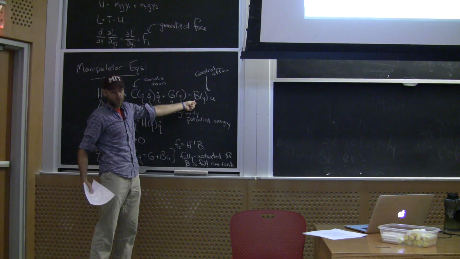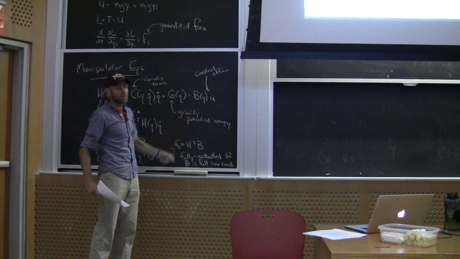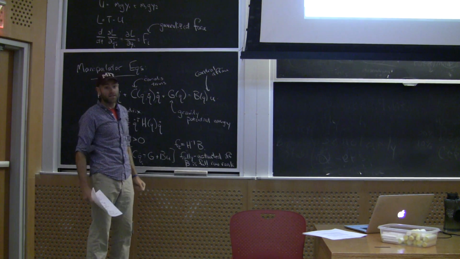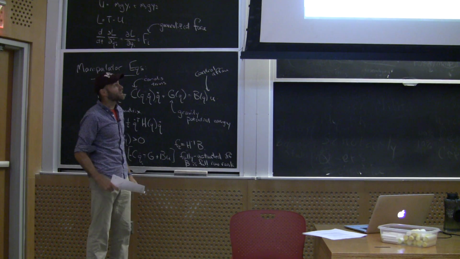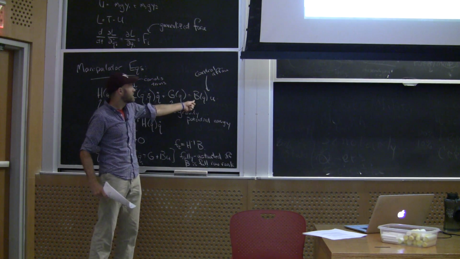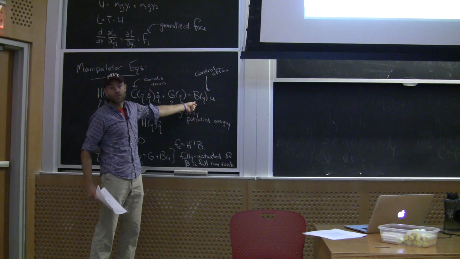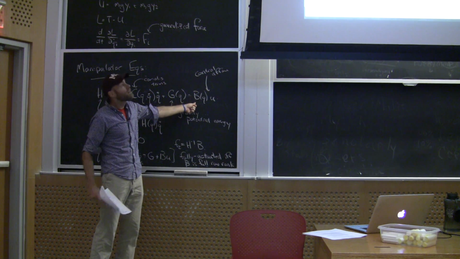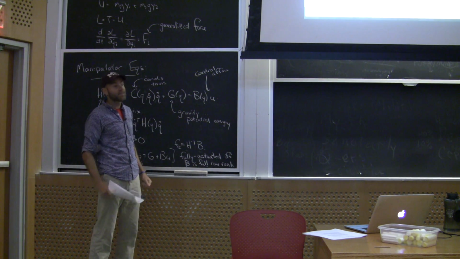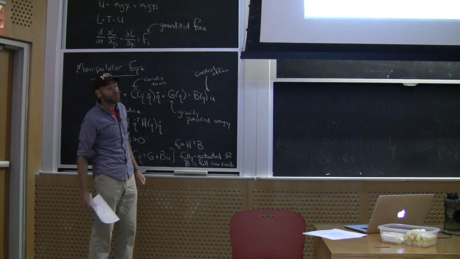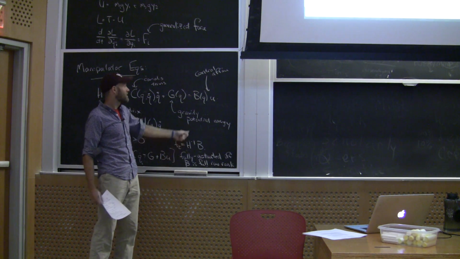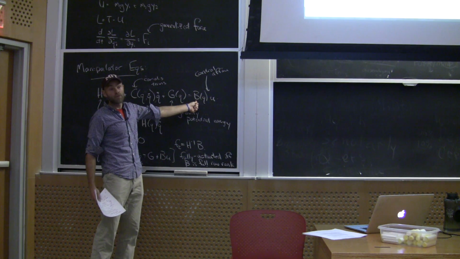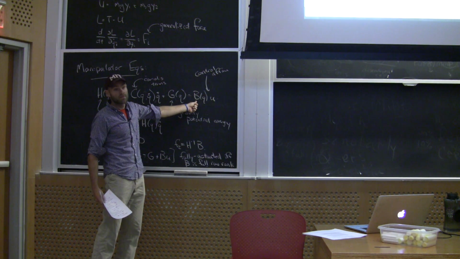That system has full row rank. It's fully actuated, right? I can do whatever I want to that system, and we will in just a second, okay? If for some reason we were to leave an actuator off, let's say we've got an actuator in the elbow but not in the shoulder, then suddenly B drops rank, and I've got an underactuated system.